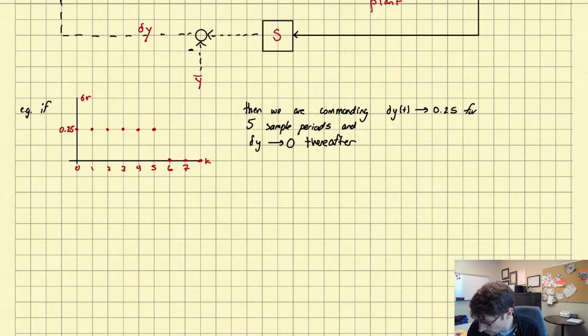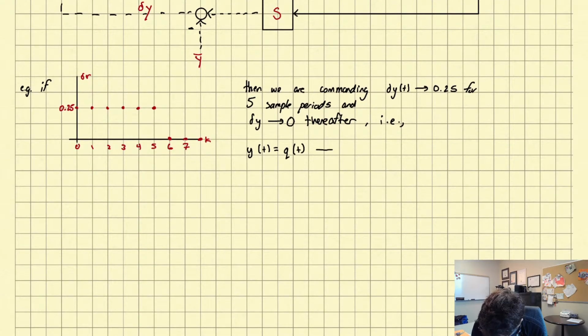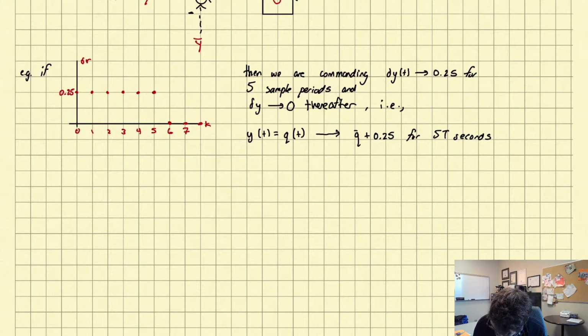And physically, like I said, i.e., y of t, which is equal to q of t, sorry, which is the position of the robot, should go to q bar plus 0.25 for 5t seconds, right? Whatever the sampling period is. Then y of t goes to q bar thereafter.